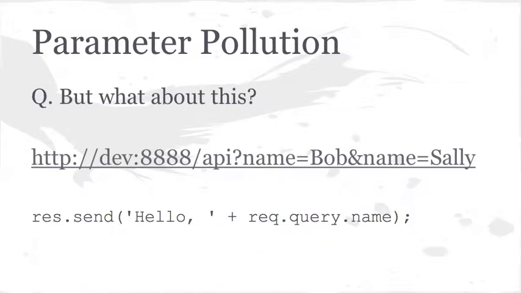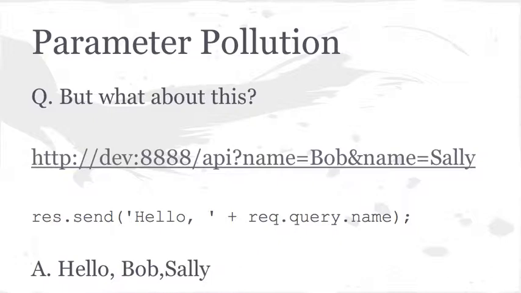But what happens in Node.js if you add multiple parameters that have the same name? So you have the API parameter name=Bob and name=Sally. Now some frameworks, like PHP, handle this slightly differently, but you need to watch out for something called parameter pollution. Essentially, in Node.js what happens is you now have an array.